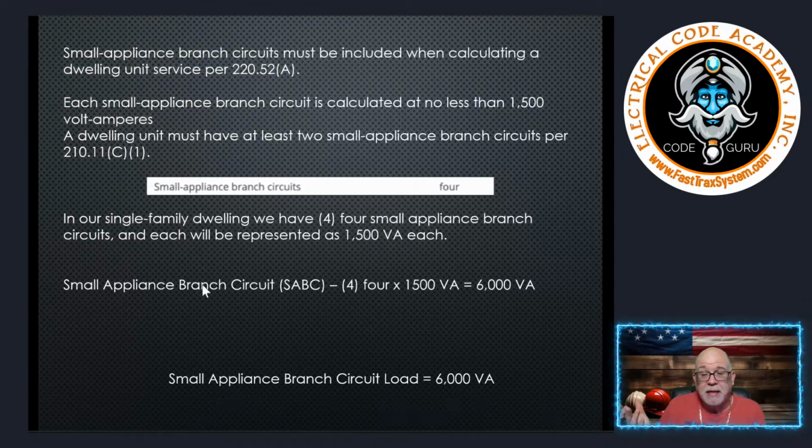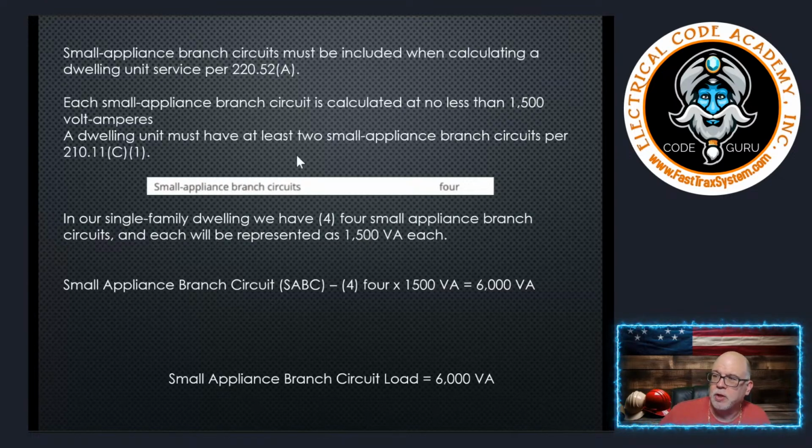But if you happen to be on an exam, like maybe in North Carolina or somewhere where they actually give you all this info, and they don't tell you to use the optional, so you know you got to use standard. Well, if they don't tell you how many small appliance branch circuits are in there, then you just have to assume there's a minimum of 2, right? In our case, we're told that it's 4, so easy for us.